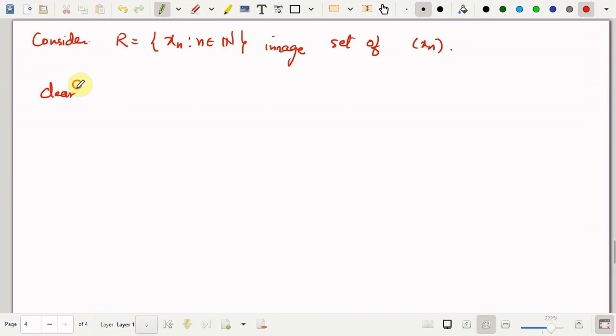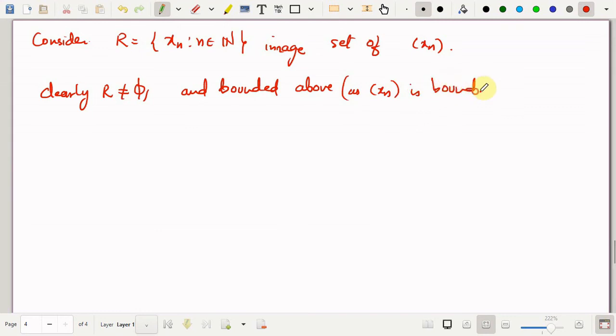So clearly R is non-empty and bounded above, as the reason for this is that it's already given that xn is bounded, or in fact bounded above. Okay, because it's an increasing sequence, you don't have to talk about bounded below, it's always bounded below by the term x1. So when I say that it's bounded, that means it's bounded above.